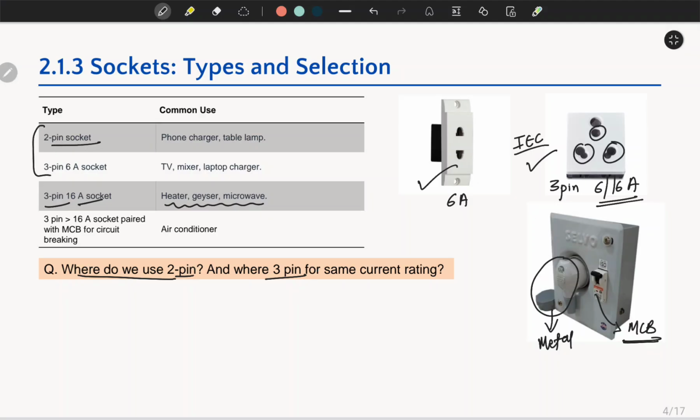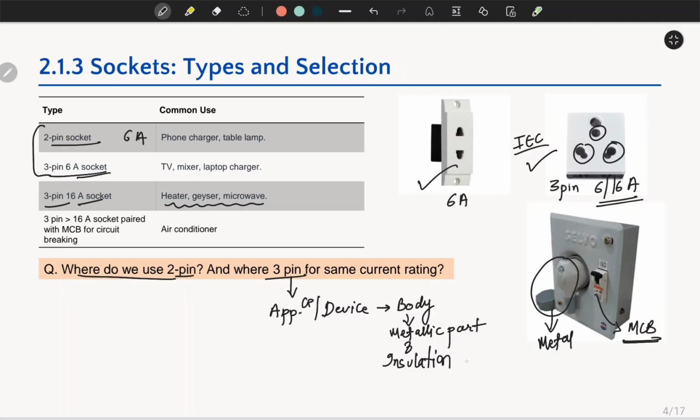The 3-pin 6 ampere socket is used where the body of the appliance or device has a metallic part, such that there is a possibility that the shock can travel to the person using it, and the insulation is such that there are exposed current carrying parts.